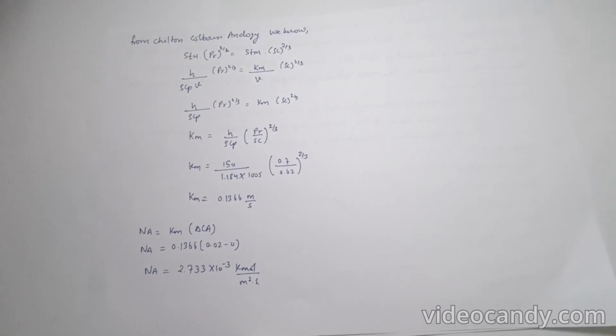In the final relation, which is given as Km is equal to heat transfer coefficient H upon density rho into heat capacity Cp into Prandtl number upon Schmidt number whole to the power 2 by 3, where H is 150 upon density rho 1.184 into the heat capacity 1005 into the Prandtl number over Schmidt number, which is 0.7 upon 0.62, whole to the power 2 by 3.